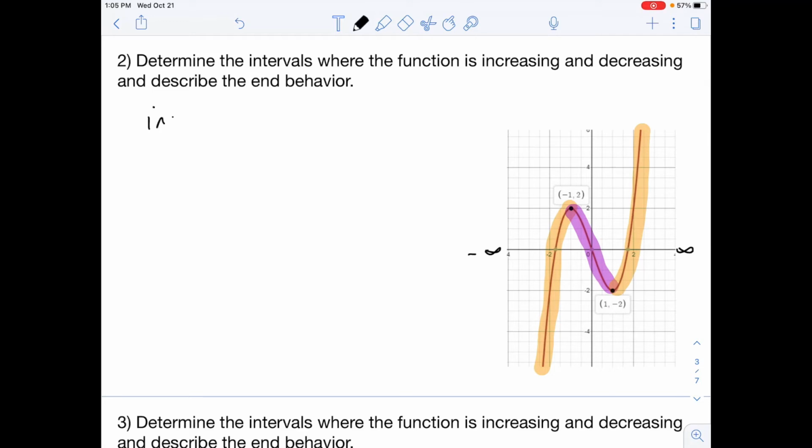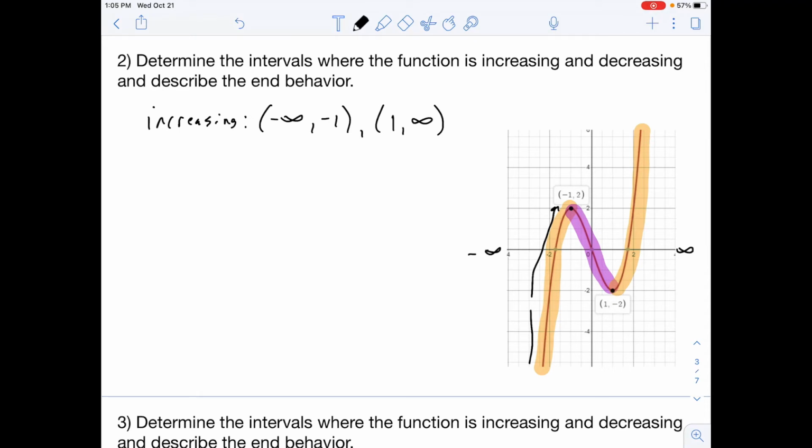So this is increasing from negative infinity to negative 1. That's the first one here. And then from 1 all the way to positive infinity. Again, we're using the x, the domain values, to describe that.